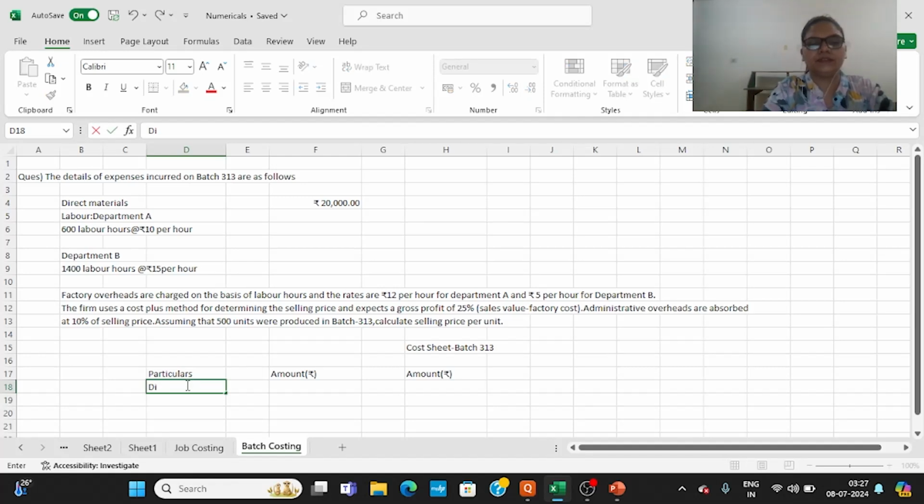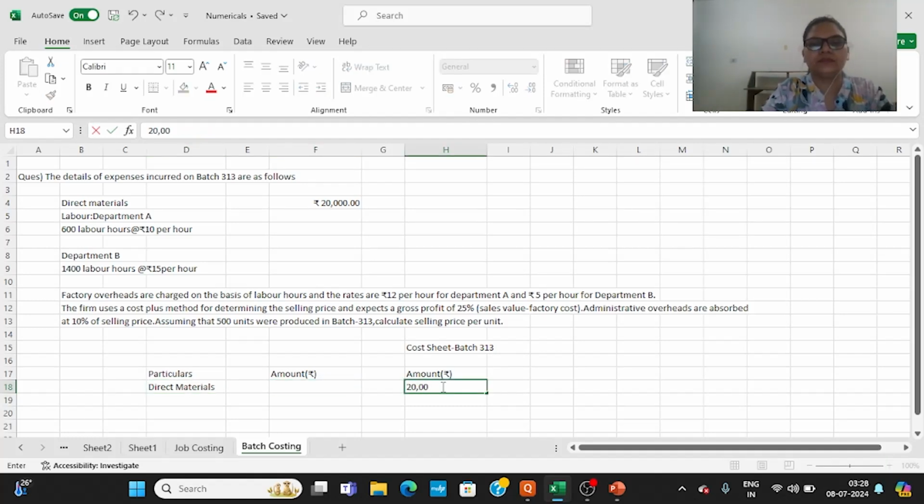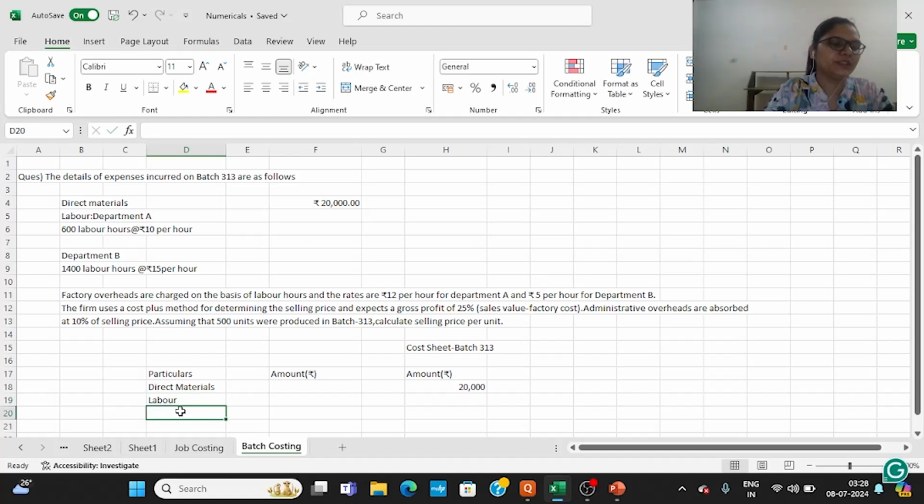First is direct materials. Direct materials, we all know, is 20,000. Then labor. Labor has been mentioned department-wise.